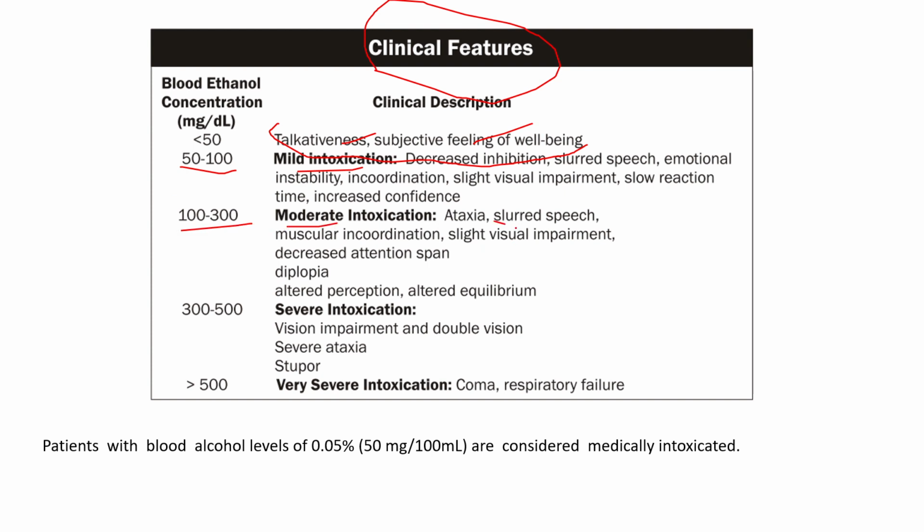Patient would show slurred speech, muscular incoordination, slight visual impairment, diplopia. So driving is impaired here. 300 to 500 milligram per dl, severe intoxication. Greater than 500 milligram per dl, patient is in coma or in respiratory failure.